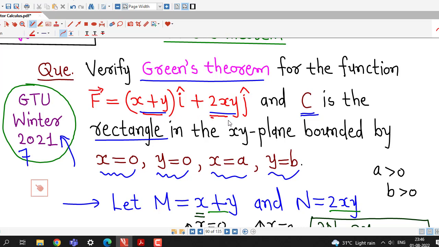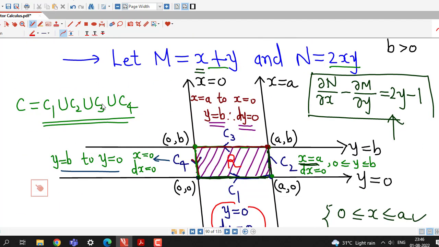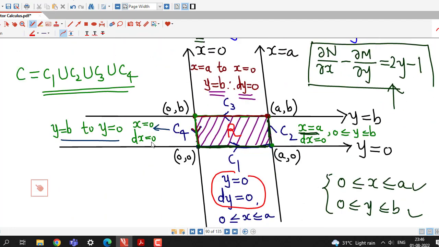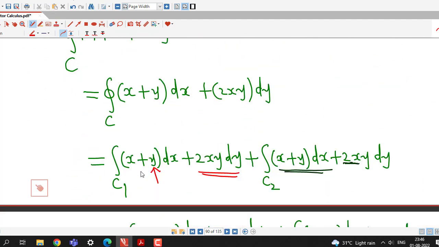So in that case, either you can use line integral or double integral as per your convenience. So in that case, you don't have to write both the parts. But whenever you have verification part, if they ask you to verify, you must compute with your method, and you must go in this way also.